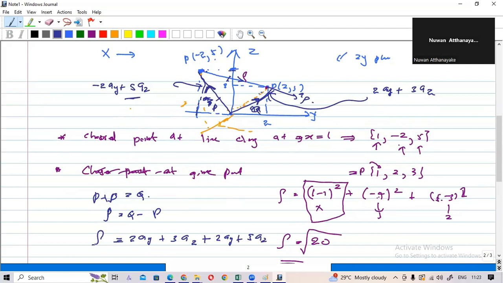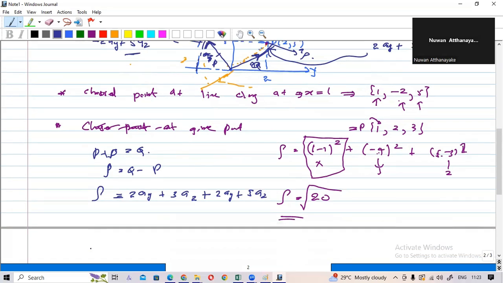So the rho vector is nothing but the algebraic addition of these vectors. So it will be 2 plus 2, 4ay, plus 3 minus 5, 8az. So this is the rho vector.